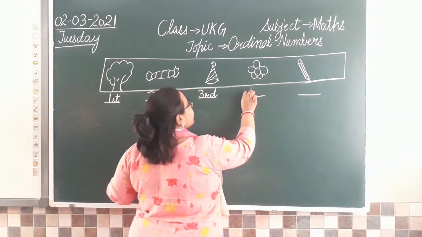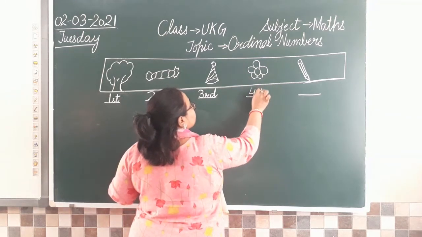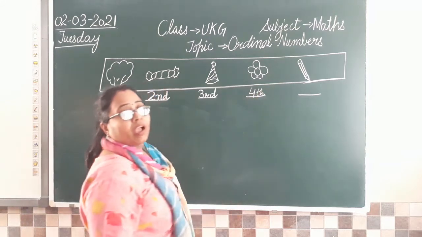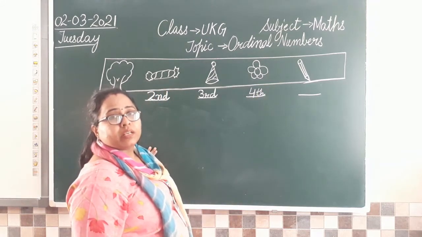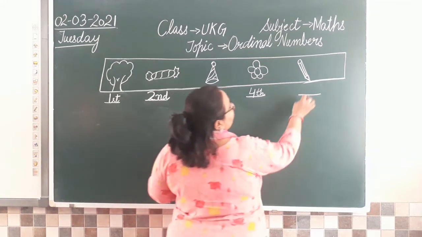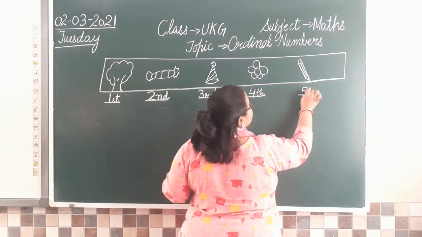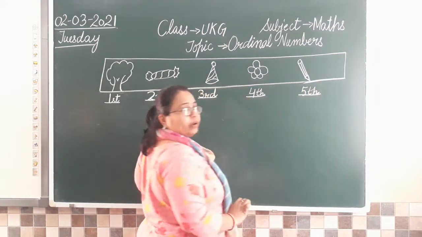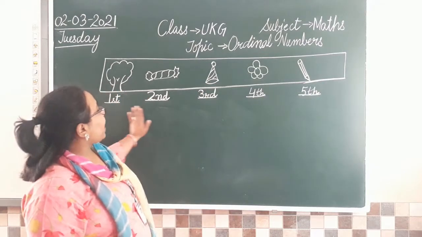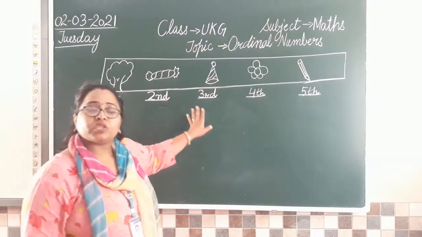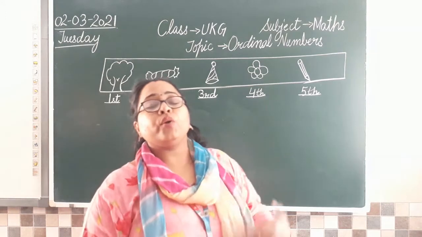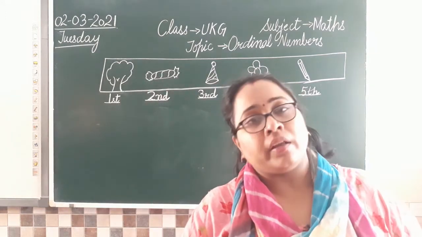So you will write fourth. And what will be the position of pencil? Fifth. So we will write fifth here. Clear? Now what has happened with this? We have given the position. Now we have written the positions. Every time you don't have to count and tell.